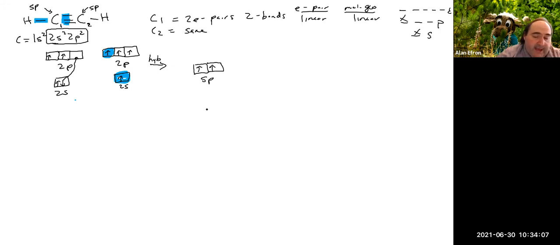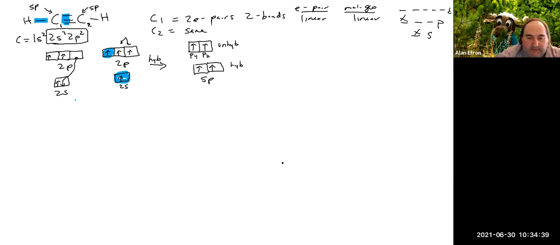Now, different than what happened in the previous example, we actually now have 2 p orbitals that did not hybridize. So we end up with like a py and a pz orbital that are unhybridized that also has 2 electrons, 1 in each of those things. So again, we get a little bit different of a hybridization occurring here, different orbitals involved because of the type of hybridization that's occurring.